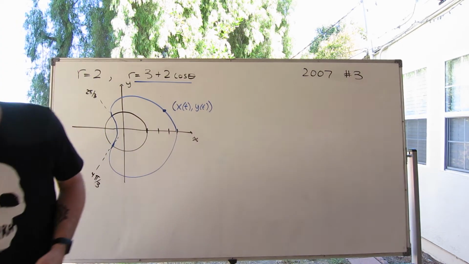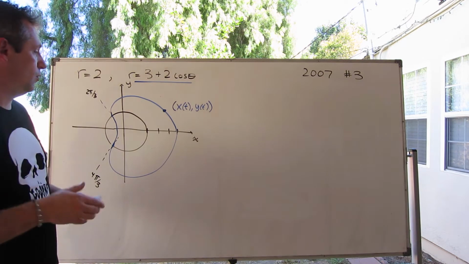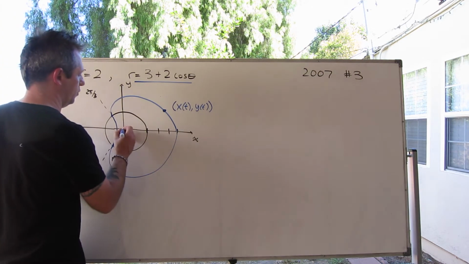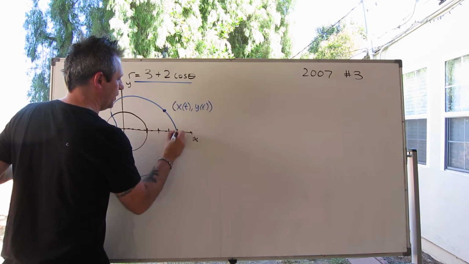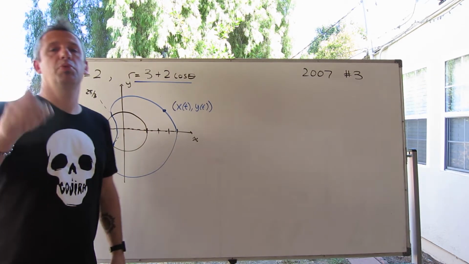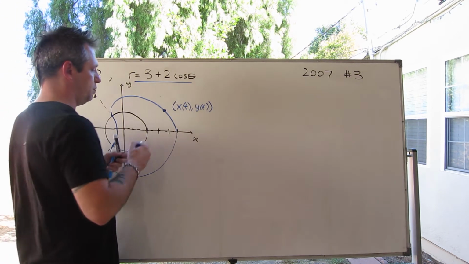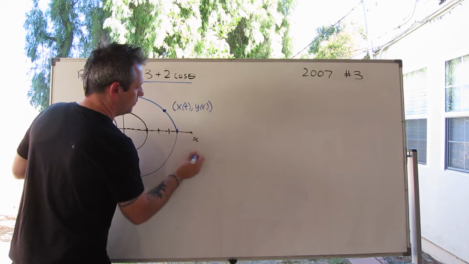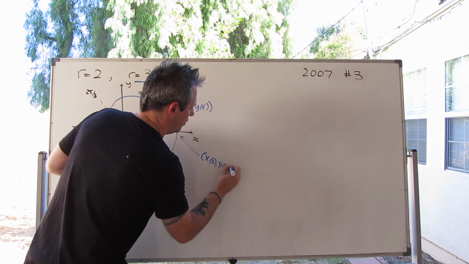Now here's the deal. They tell us that when theta equals 0, that's when we're all the way out here. That's theta equals 0. That's where it is at time 0. So this point right here happens to be x of 0 comma y of 0.